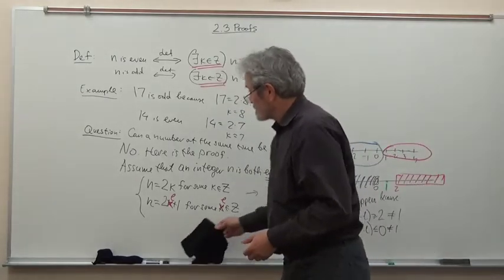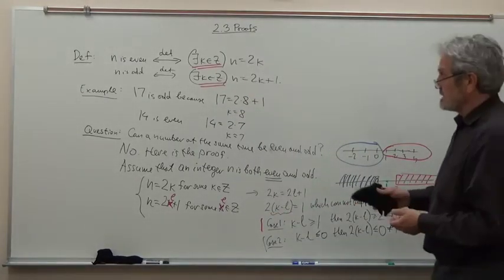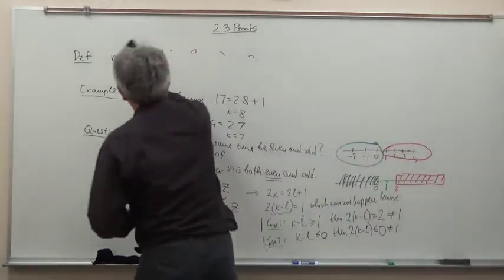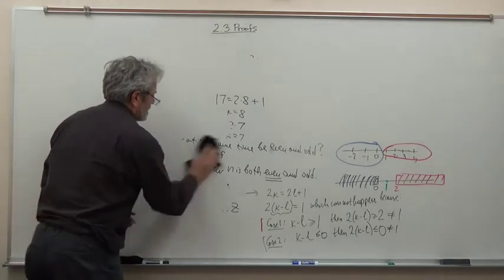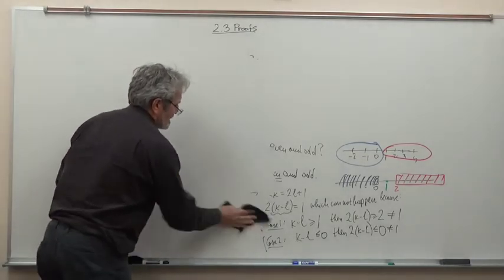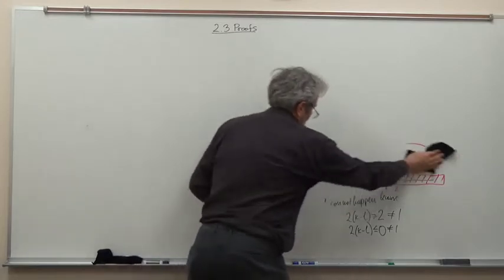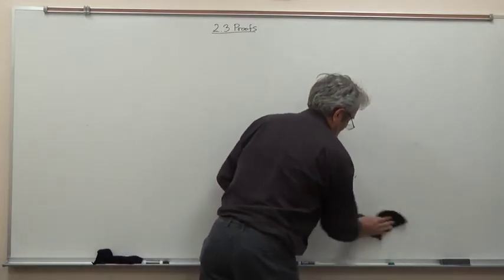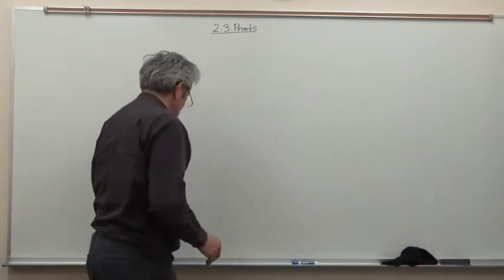What else? In this section we also wanted to start talking a little bit more about prime numbers and composite numbers. And here is the definition. That notion is reserved for positive integers, and not only positive integers, one is excluded from that story, and you can see that from the definition.